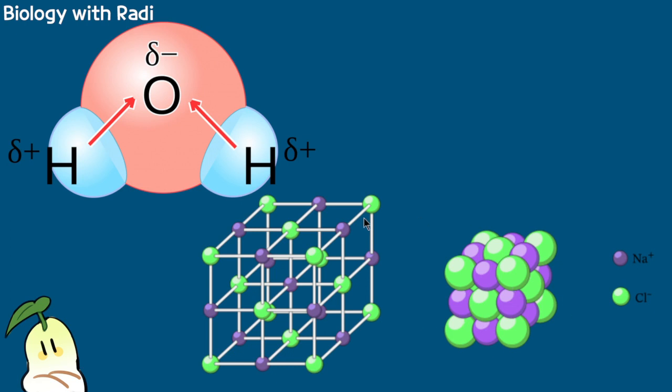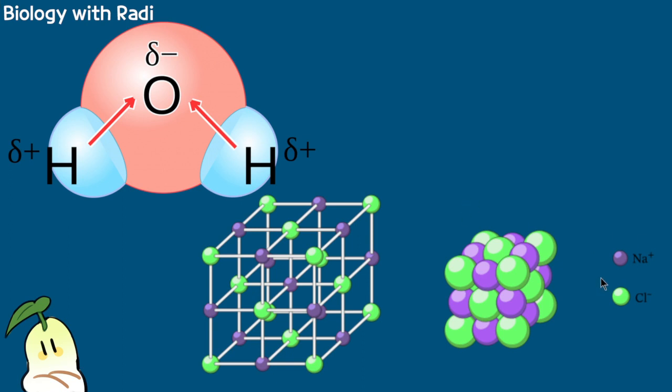And over here is an example of an ionic compound. It's a salt crystal, which is made of NaCl. When Na and Cl react with each other, Cl wants to take away an electron from Na, and Na wants to give an electron to Cl.